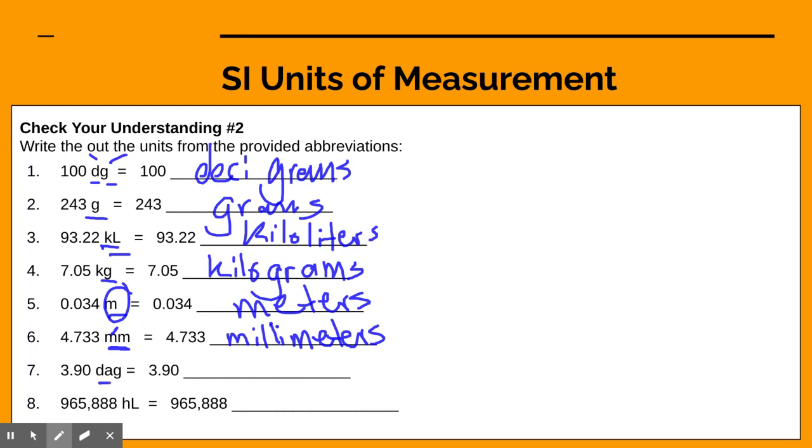Number 7, we've got dA, and dA, we should know, is deca. And then we've got a G at the end, so we've got decagrams. And then lastly, for number 8, we have H, uppercase L. The H we should know is hecto, and the L is liters: hectoliters.